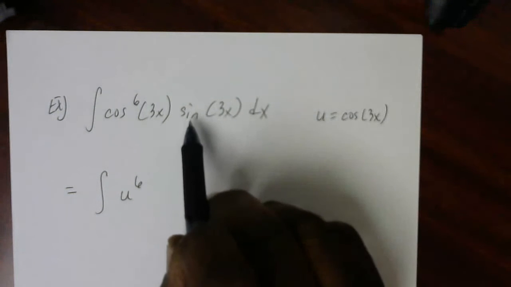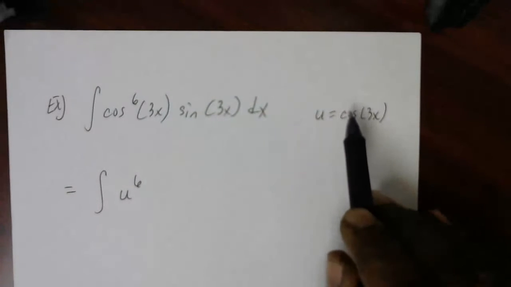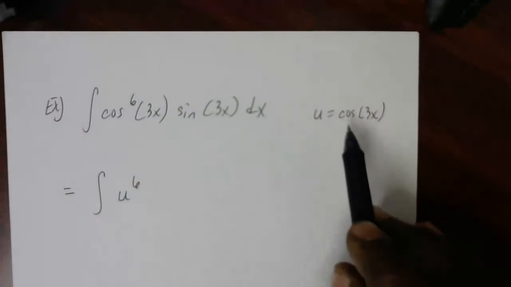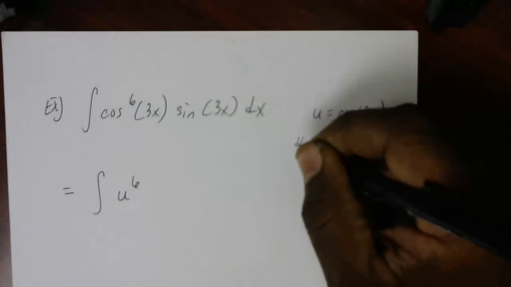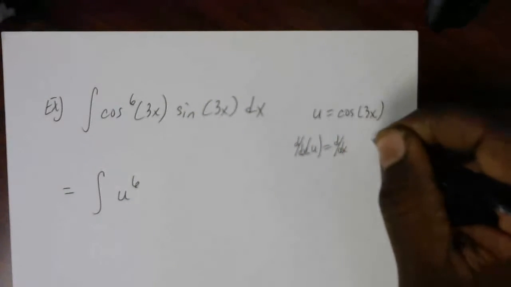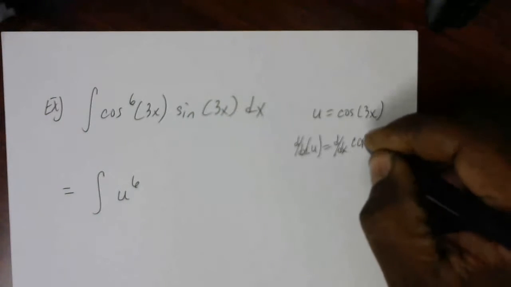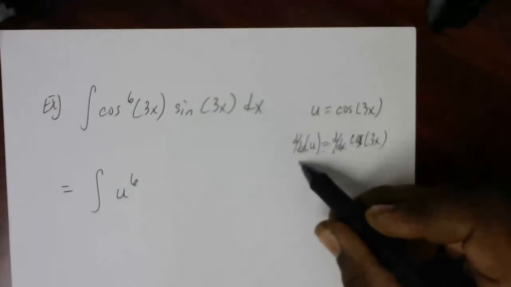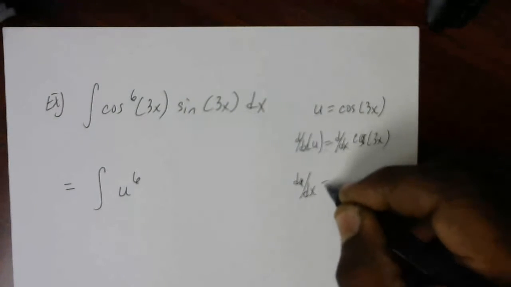In order to transform the sine of 3x dx into the u variable, I'm going to go back to my substitution equation and take the derivative with respect to x. On my left-hand side, I have du dx.